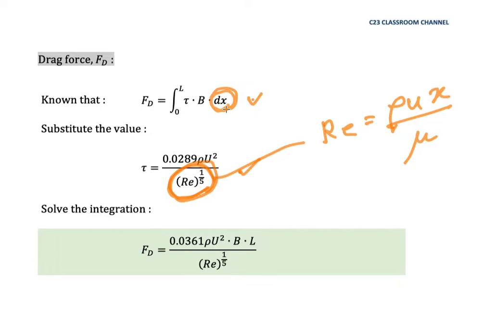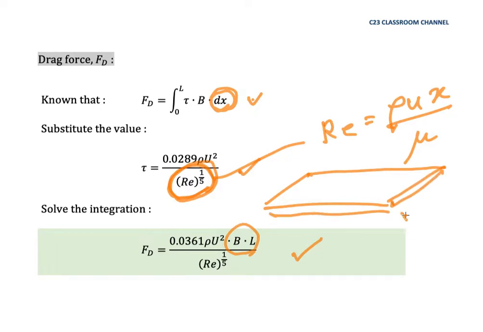If you do that, you could get the drag force as shown here, 0.0361 rho u square BL over Reynolds number to the power of 1 over 5. Here, B is the width. So let's say we have a flat plate like this. B is the width of the plate and L is the length of the plate.